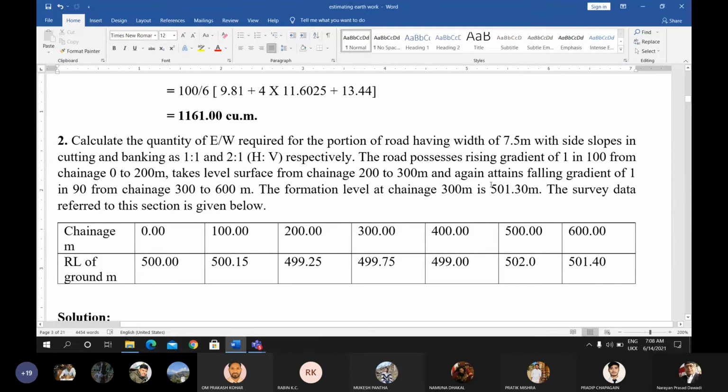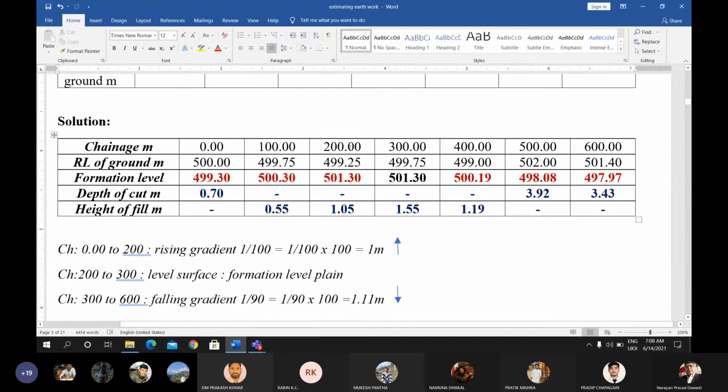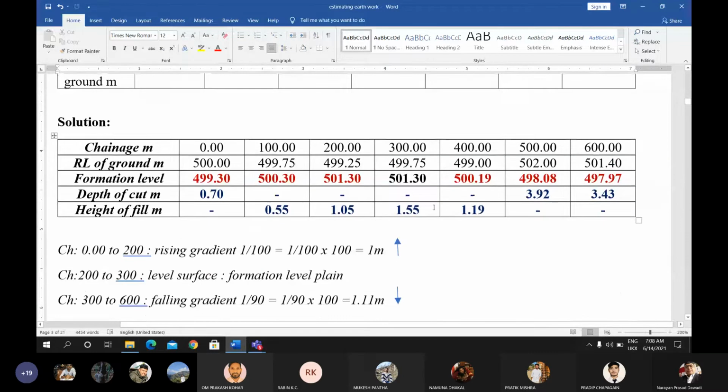This 501.30 meter is provided as the formation level at chainage 300 meter. All these black letters are provided in the question, because the formation level at 300 meters is given as 501.30 meter.